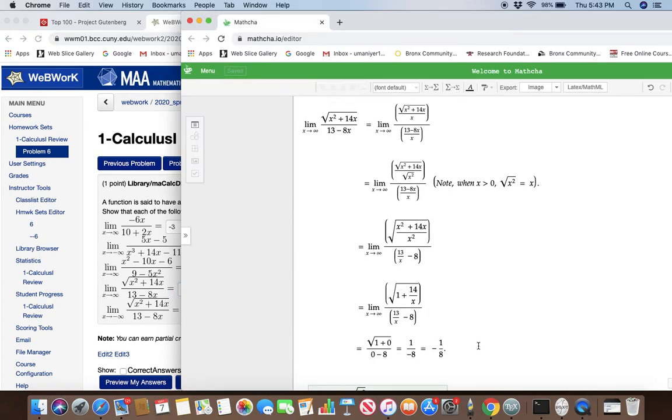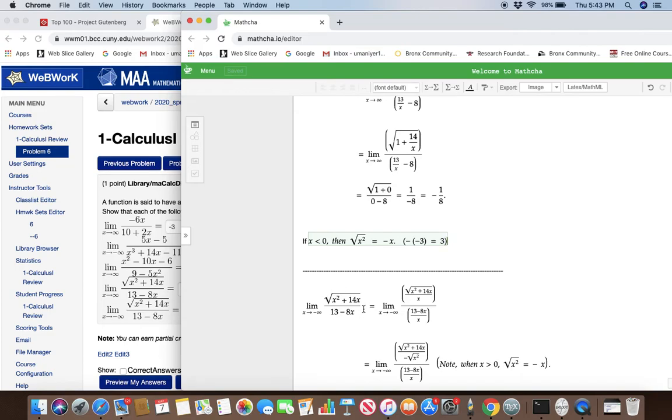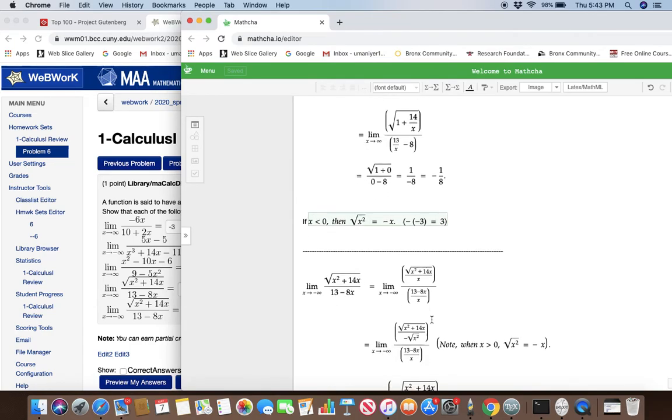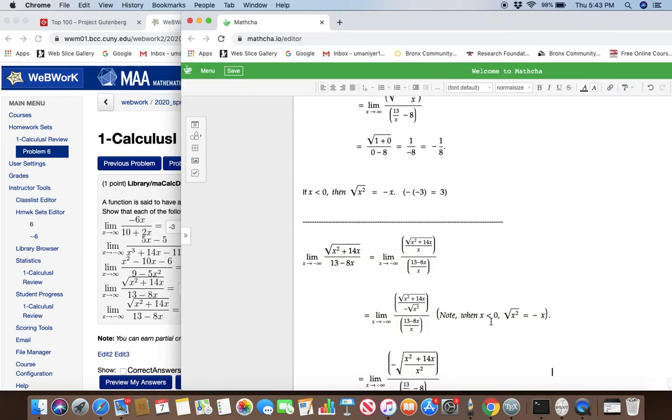All right. Next is the same expression, just as we saw, but I'm going to negative infinity. Divide by the highest power of x in the denominator, that is x. Okay, same story, except when x is negative, yes, when x is negative, square root of x squared is negative x.